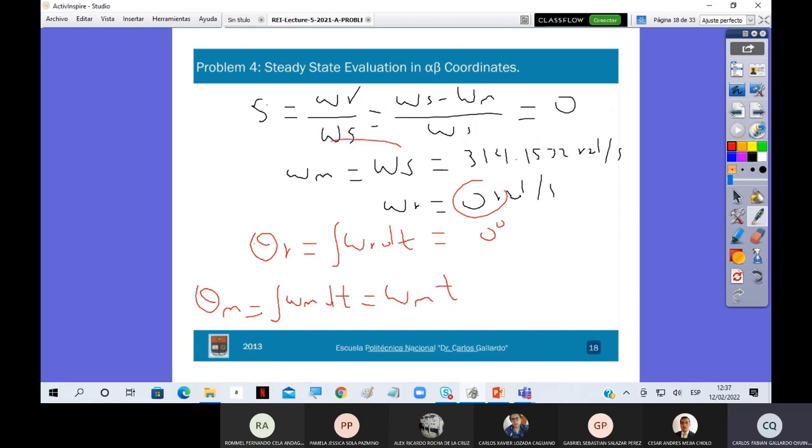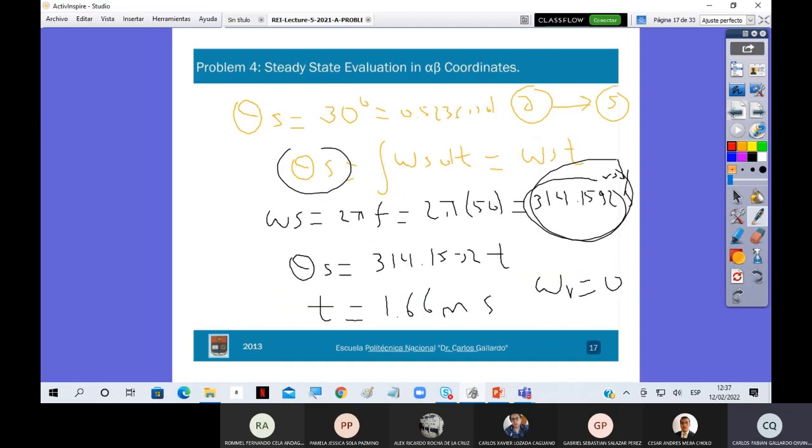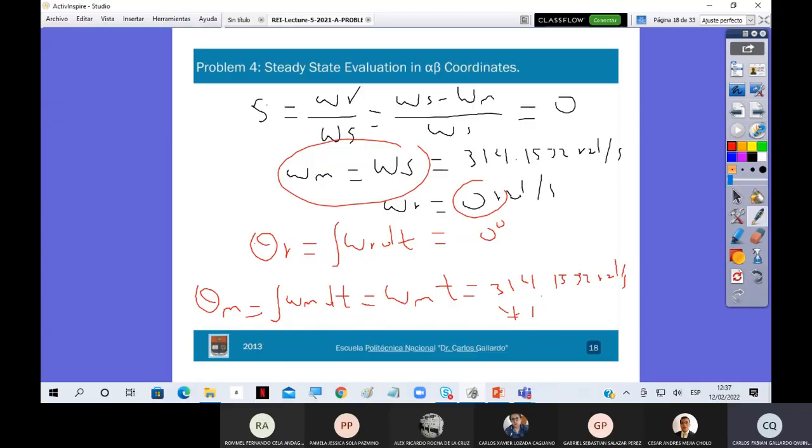The speed is equal to 314.1592 radians per second, times the time we have already computed, 1.66 milliseconds. Therefore, this is equal to 0.9236 radians. In degrees, I will have 30 degrees.